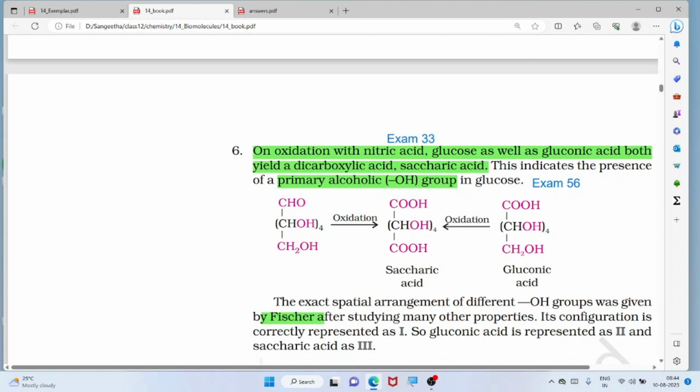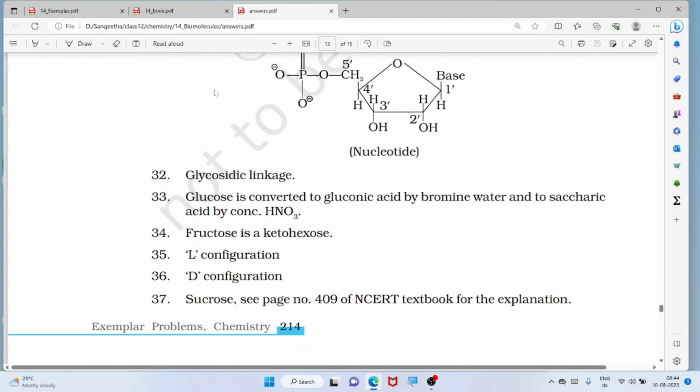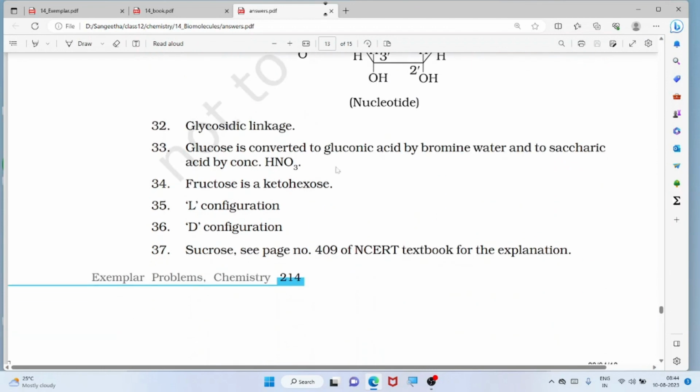This is gluconic acid and saccharic acid, these two from glucose. Glucose is converted to gluconic acid by bromine water and to saccharic acid by concentrated nitric acid.